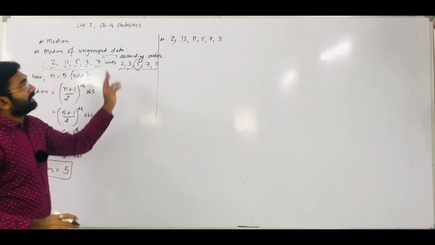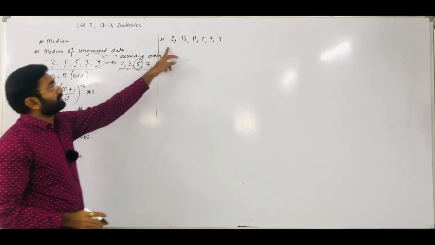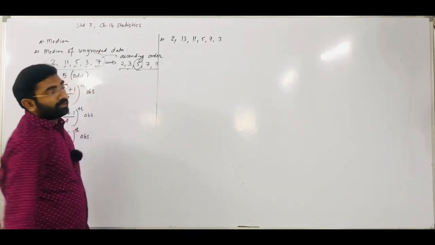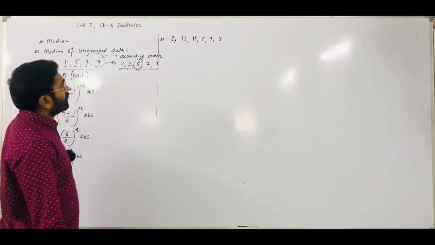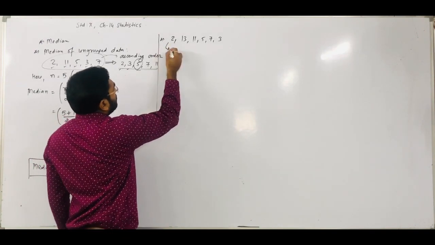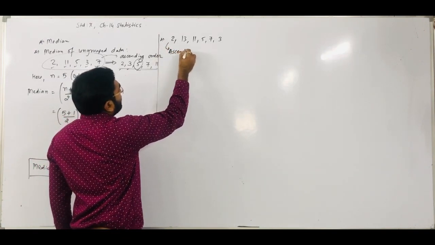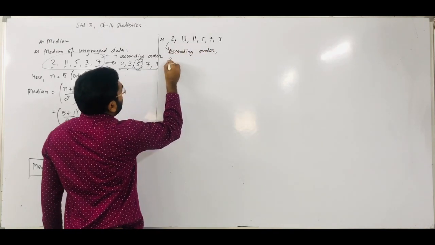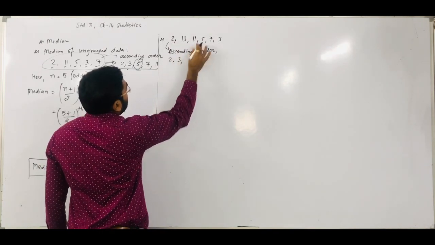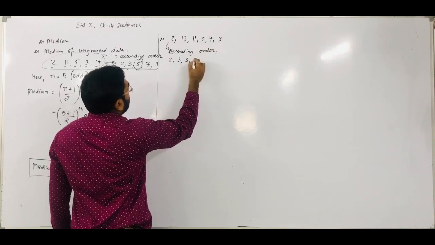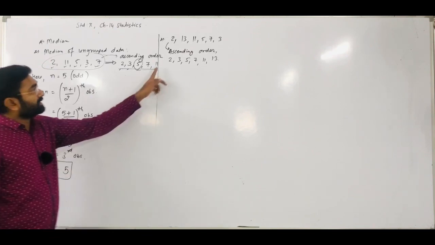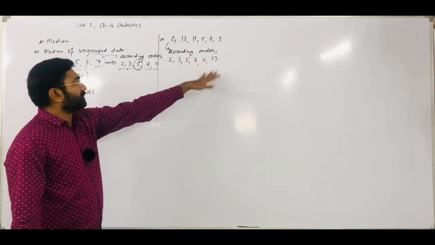I take 6 observations and we want to find the median of these. For that, first of all, arrange the given observations in ascending order. First we write 2, then 3, then 5, then 7, then 11 and 13. In ascending order, I arranged all the given observations.